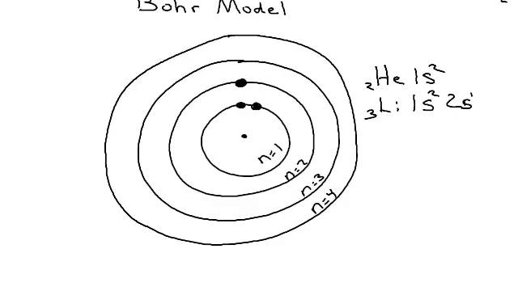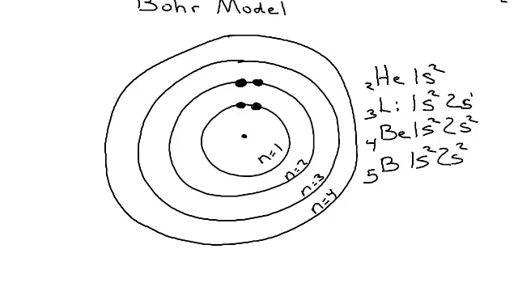Okay. Beryllium, four electrons total, 2 of them in the S orbital of the second principal energy level. Then we went to boron with 5. With 1 electron in the p orbital.